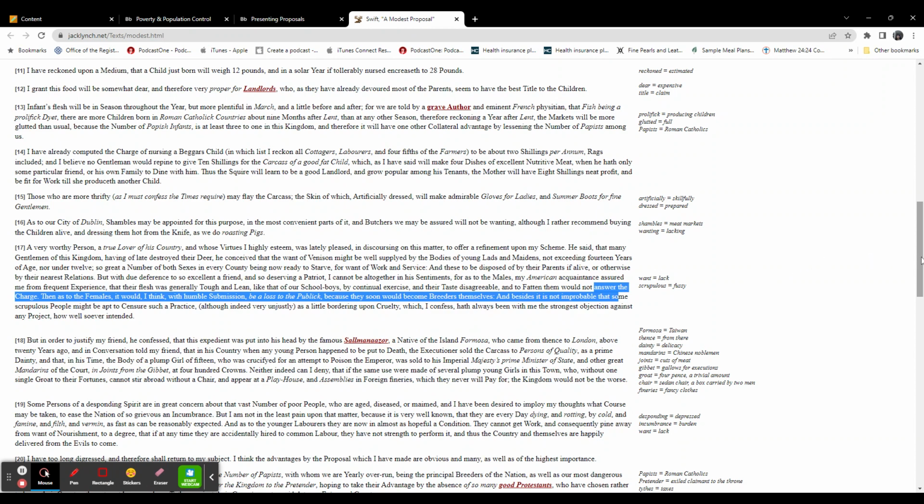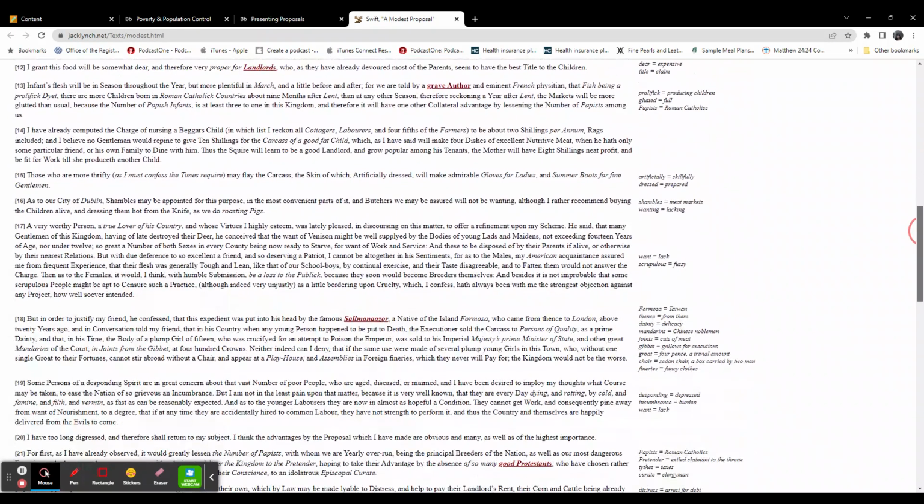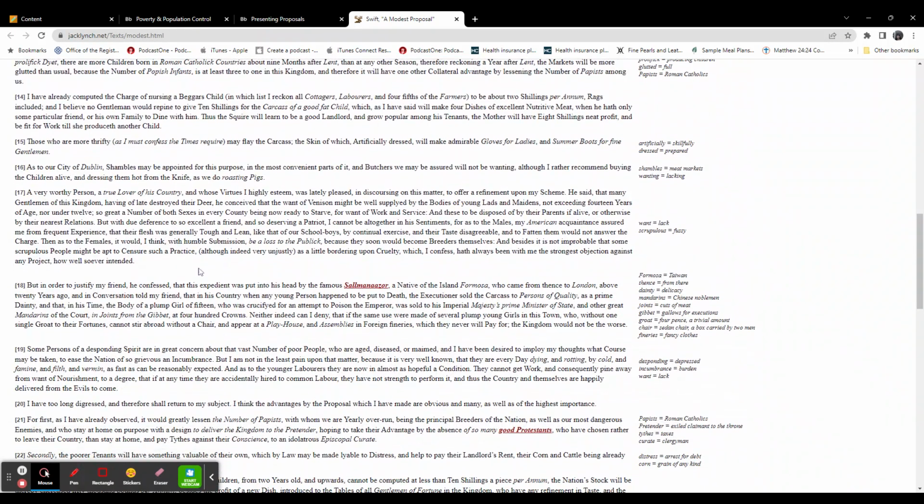That's why he uses this term: I offer it to public consideration, so that we can become autonomous. That's really what we're trying to do, because if a country is financially autonomous, it makes it hard to consistently take them down. And to fatten them would not answer.